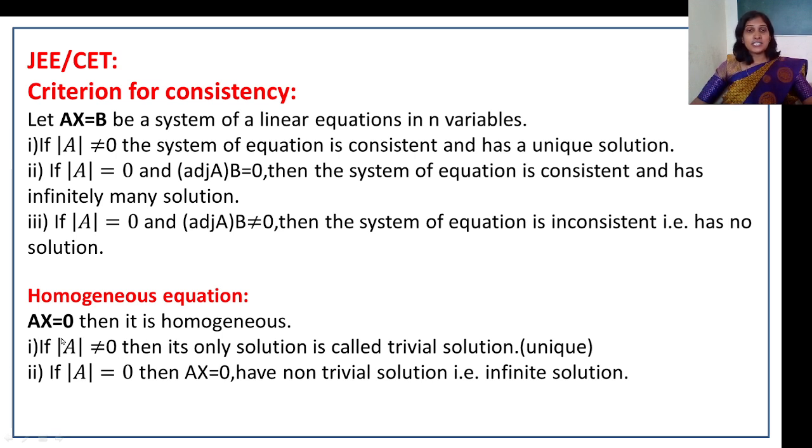If determinant of A is not equal to 0, then its only solution is a trivial solution. That is, it means unique solution. If determinant of A is equal to 0, then Ax is equal to 0 have non-trivial solution, that means infinitely many solution. These are the points which is related to CET and JEE examination.